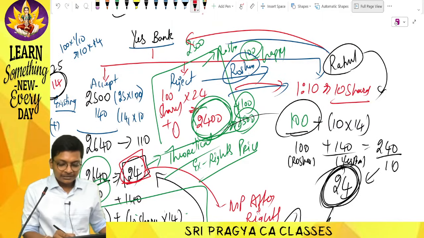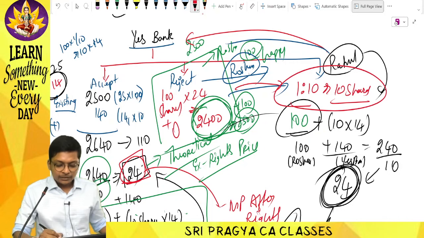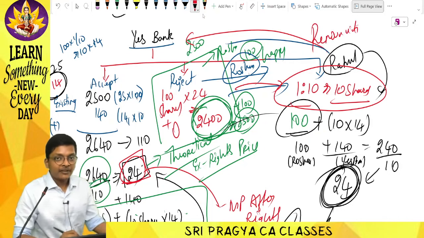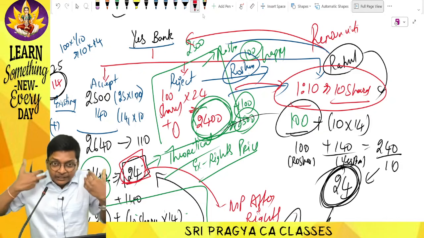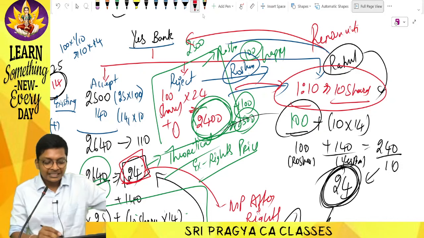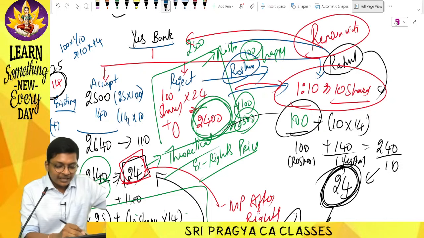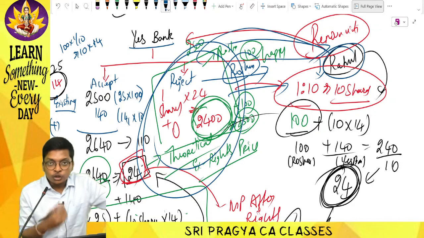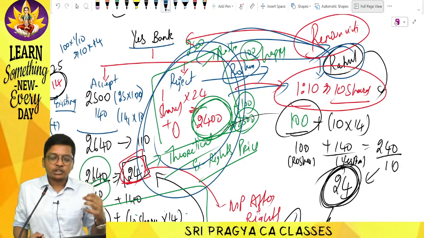That means this area is called renunciation of rights, where Roshan transferred his right to buy the shares to Rahul and Rahul got this. Renunciation is a method where an existing shareholder, instead of rejecting, can transfer it to some other new shareholder of the company at his choice.